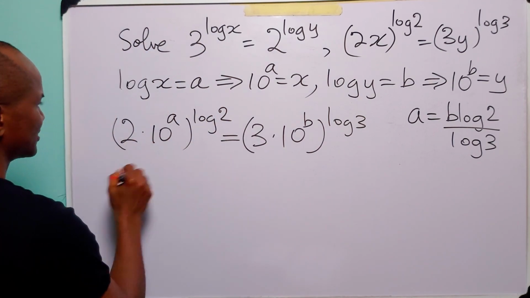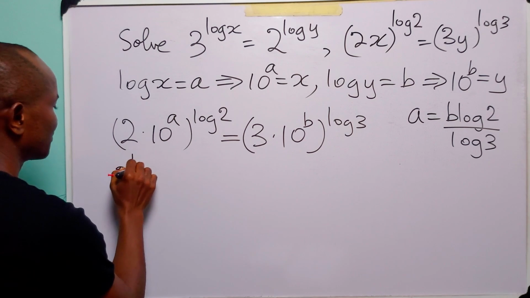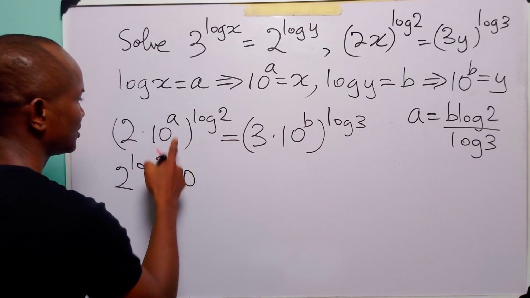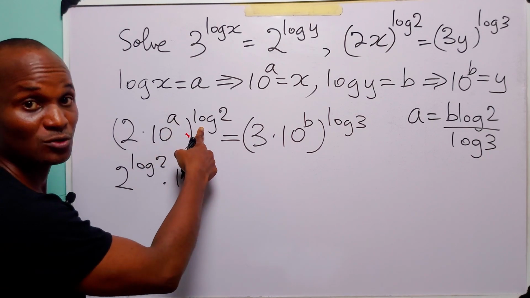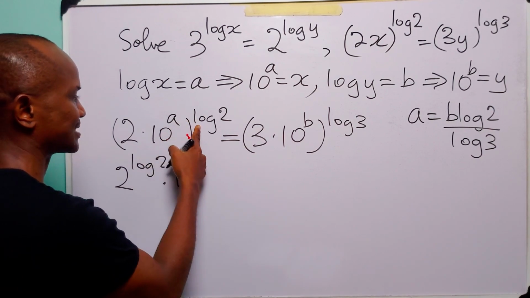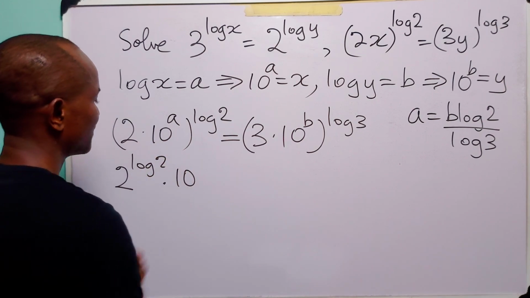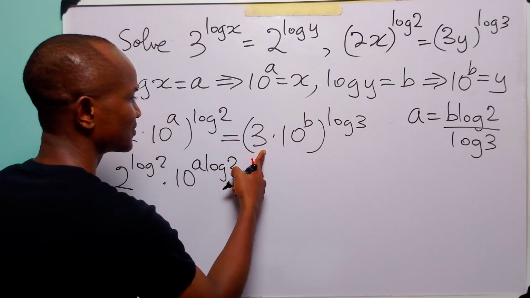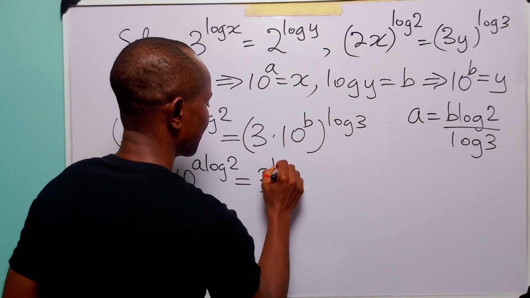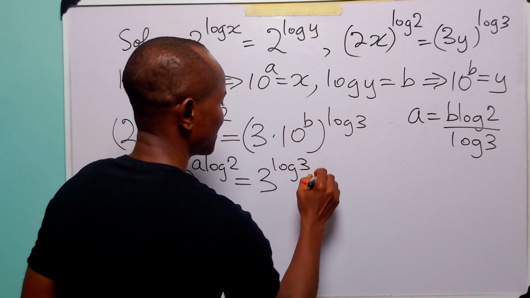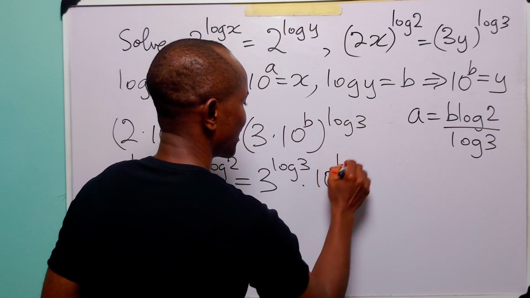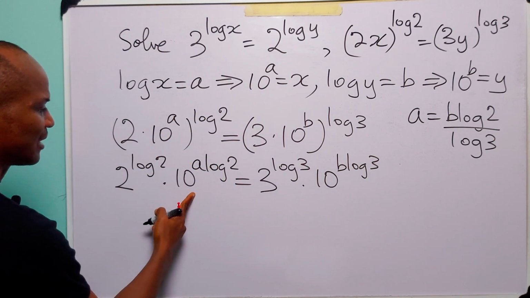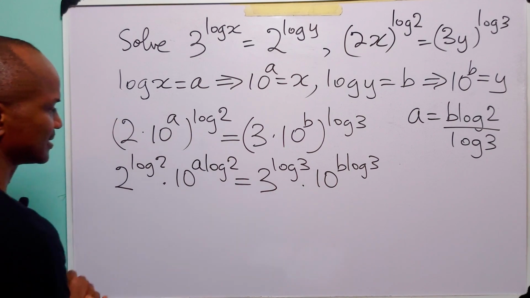Opening up this bracket, we have 2 to the power log 2 multiplied by 10 to the power a times log 2, because of course you know that when we have two powers like this, we simply multiply the two of them. So this is a log 2 is equal to 3 to the power log 3 multiplied by 10 to the power b log 3. But now let us look at this and let us look at this.